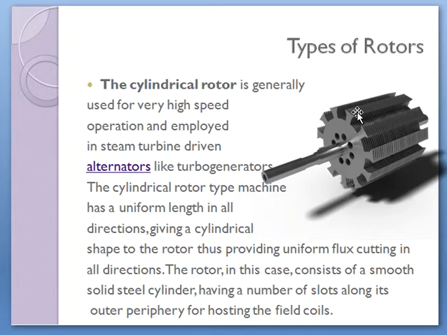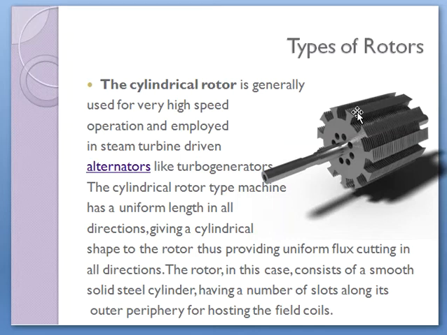Since it is a synchronous generator, the speed of rotation being fixed, the number of poles here are only 2, due to which the speed of rotation becomes 3000 rpm.